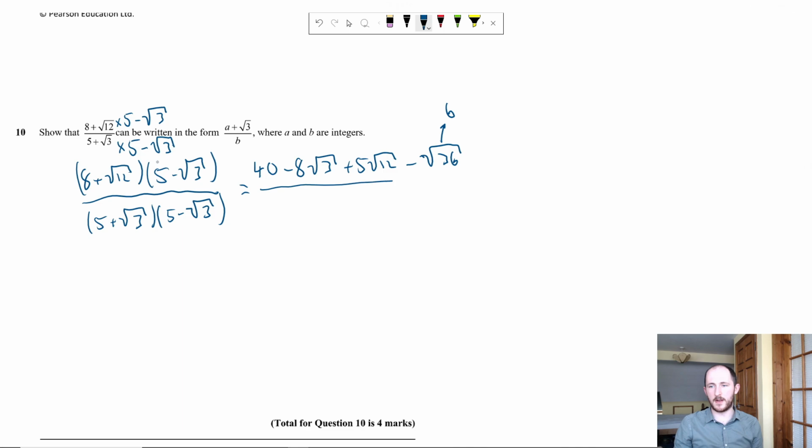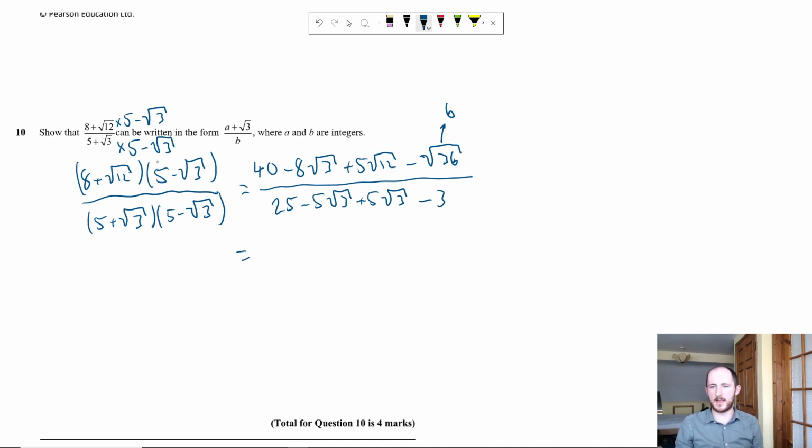And that is over 5 times 5, which is 25, minus 5 root 3, plus 5 root 3. And then root 3 times root 3 is root 9, negative because it's a plus times a minus. And negative square root 9, what's the square root of 9? It's 3. So negative 3, take away 3.